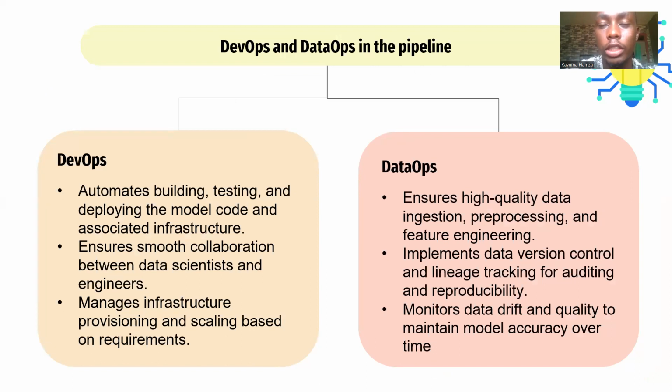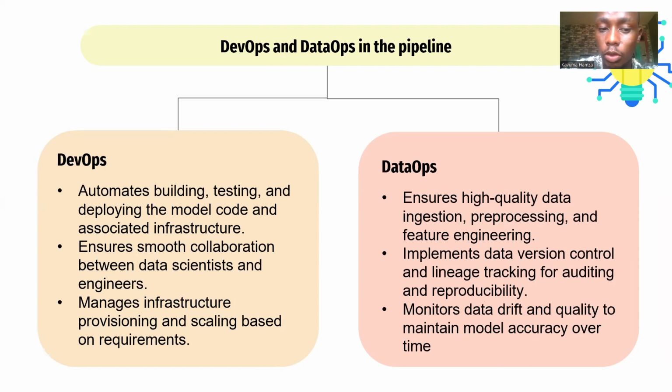Then I'll take you through DevOps and DataOps more deeply. DevOps automates building, testing, and deploying the model code and associated infrastructure, whereas DataOps ensures high-quality data ingestion, pre-processing, and feature engineering.